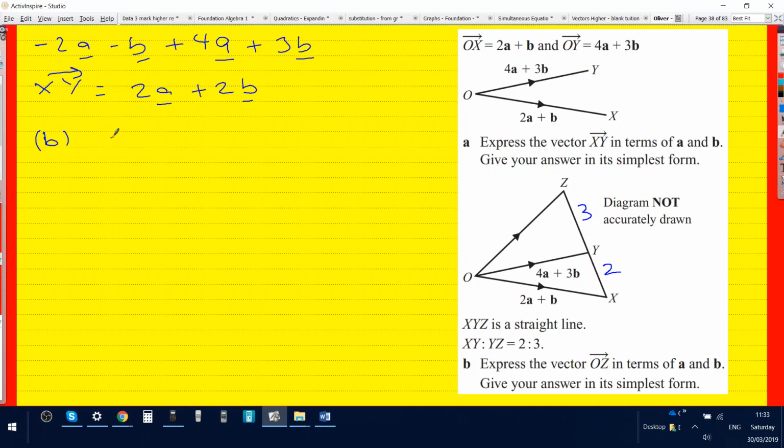So let's compare x to y to x to z. What fraction of x to z is x to y? 3/5. Isn't that y to z? That is x to y. Sorry about that.